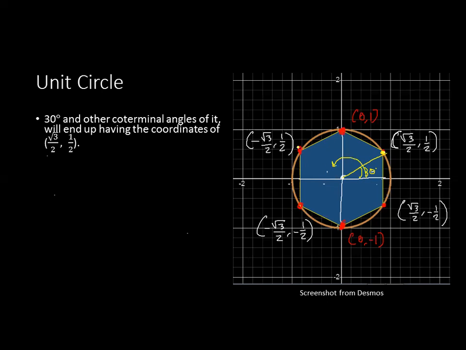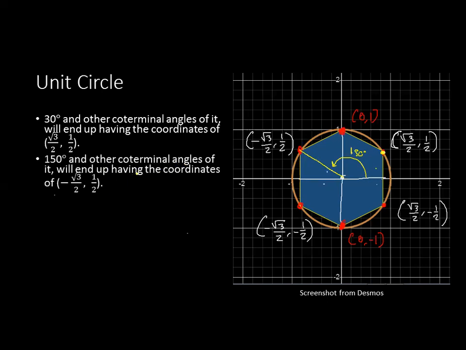From here to there, you will not have an angle of 30 degrees, but rather 150 degrees. So if you form an angle of 150 degrees, you will have coordinates of negative square root of 3 all over 2 and 1/2.